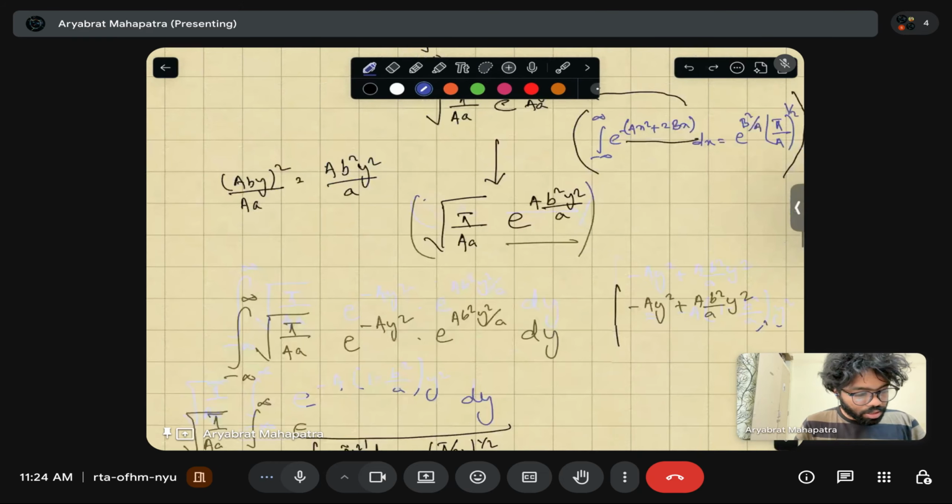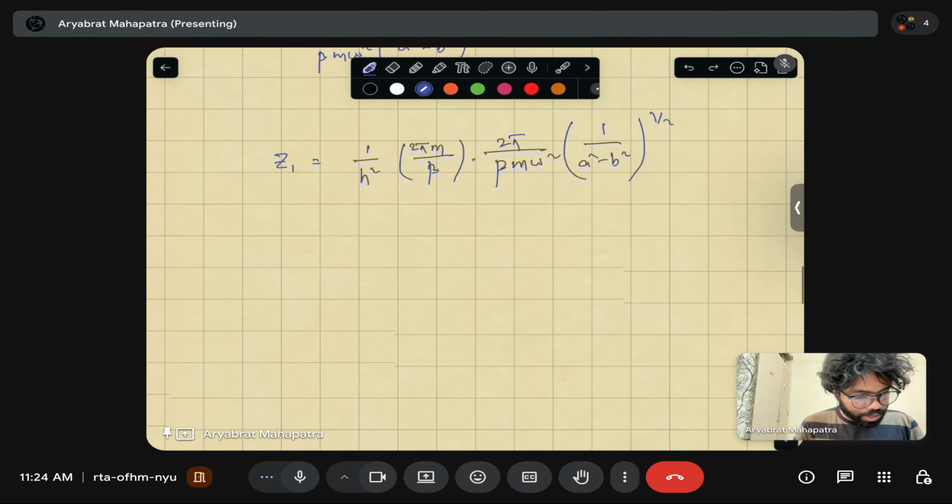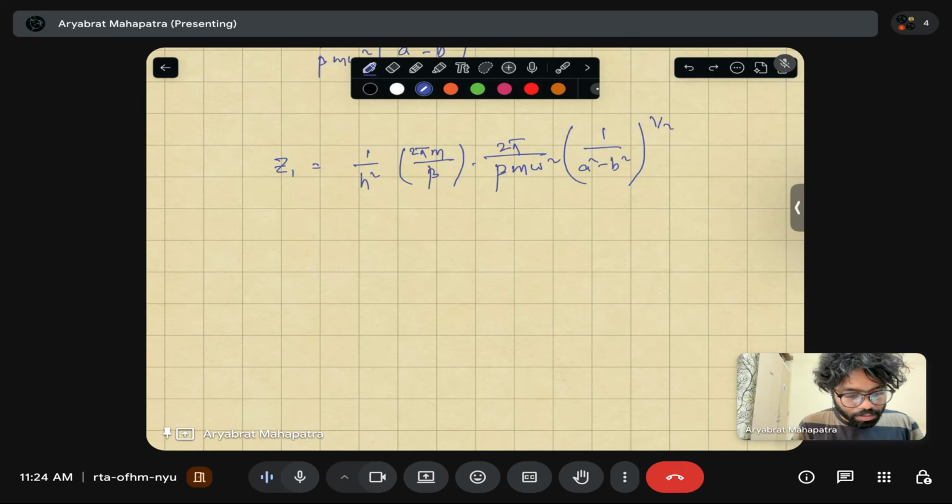So for the total partition function of the system consisting of n identical particles, that would be Z n.